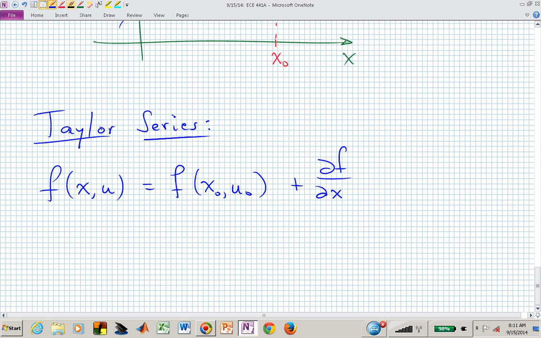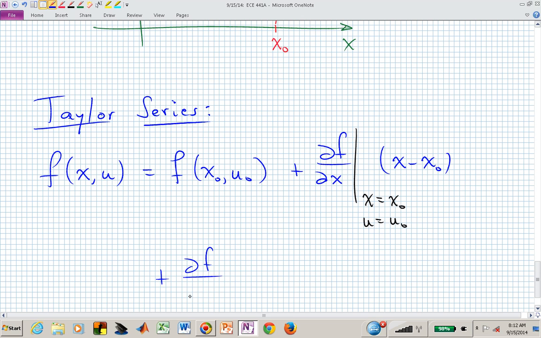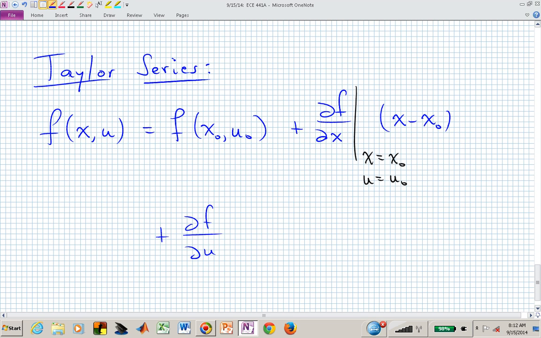Here we would look at the first, or the partial of f with respect to x, and we would evaluate that at x equal x naught and u equal u naught, and scaled by x minus x naught, plus the partial of f with respect to u, evaluated at x equal x naught and u equal u naught, and then we simply take the second partial of f with respect to x, the partial of f with respect to x, then the partial of f with respect to u.